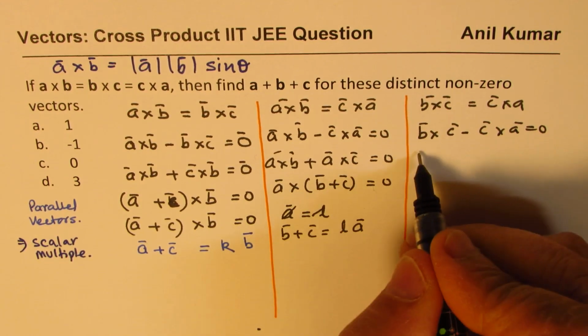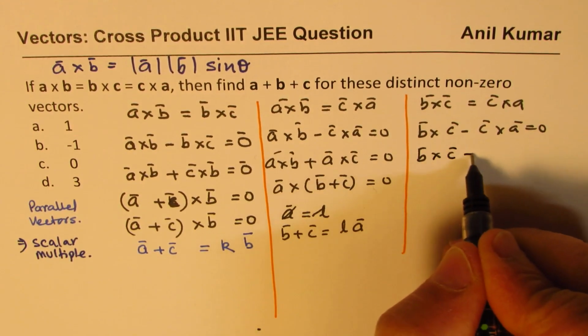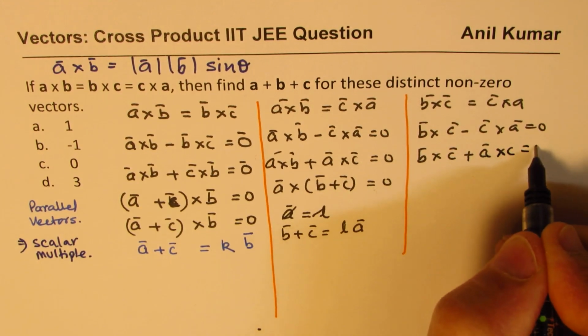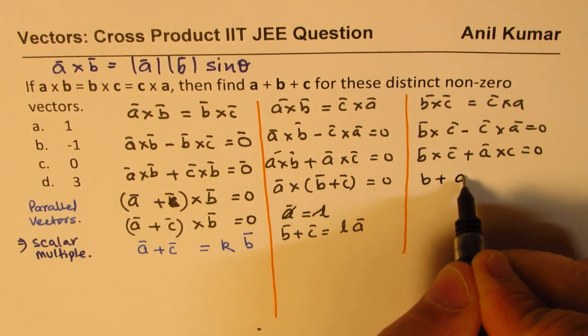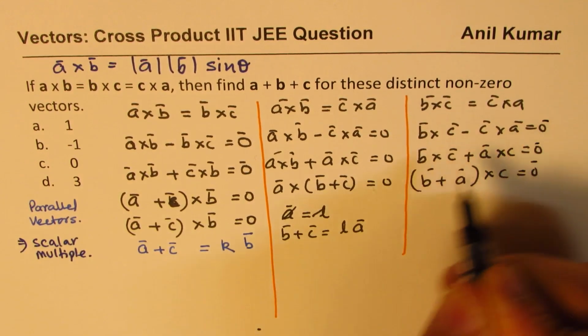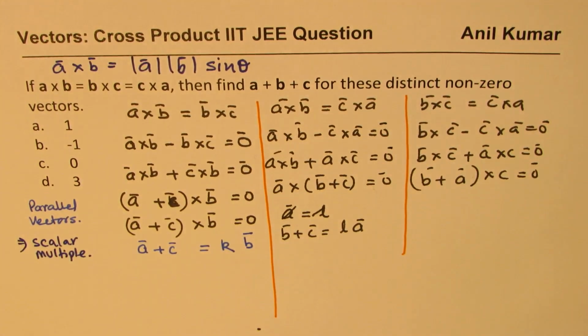So we could now write this as B cross C plus C, A cross C equals 0. So we get B plus A cross C equals 0. Now this 0 is a vector, okay?